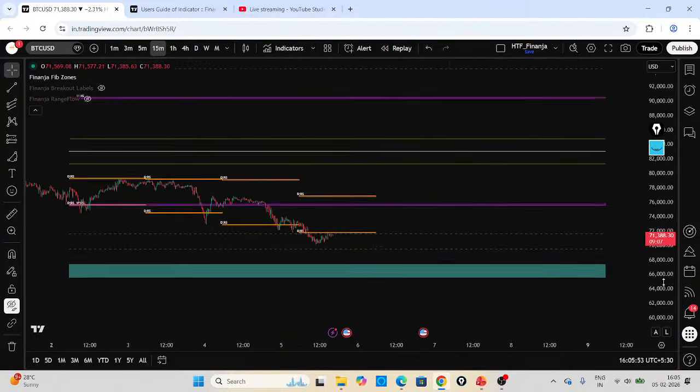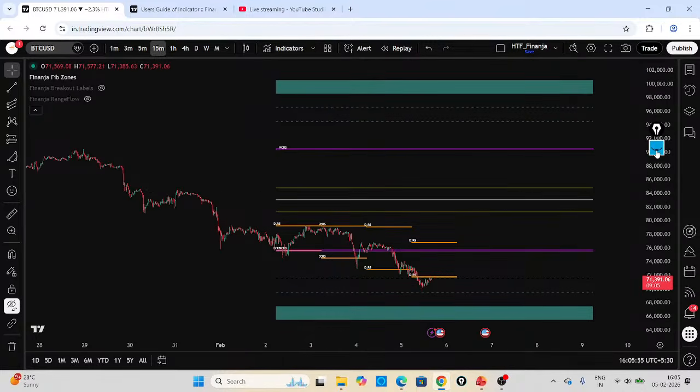So this is what the weekly zones are about, and how exactly the Fibonacci extension levels work. If you have any doubts on these zones, you can comment. I will also be coming to these extension zones now.